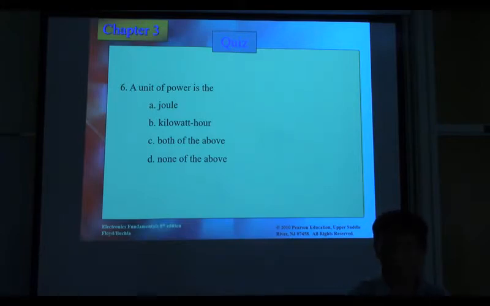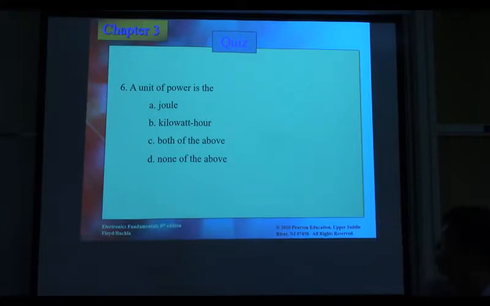Kilowatt hour is the unit on your utility bill. Last time we mentioned, you pay for the energy. You do not pay for the power. You can have a very large power appliance, but you use it only a short time, you don't need to pay a lot. You can have a small power appliance, but you use it all the time, you still need to pay a lot.